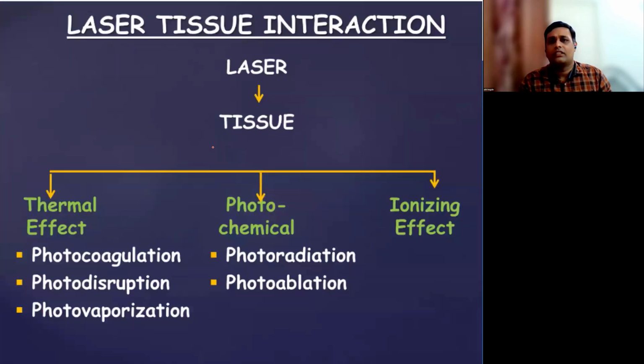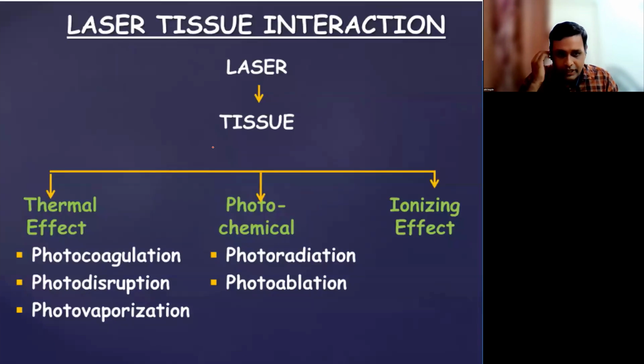So how does this laser work? What is the mechanism of this laser? The laser has many effects, like the thermal effect, the photochemical effect, or the ionizing effects. The most important one we use in the retina is photocoagulation, where when it gives the laser light, it will cause an increase in the temperature in the tissue, and that will cause photocoagulation of the tissue.